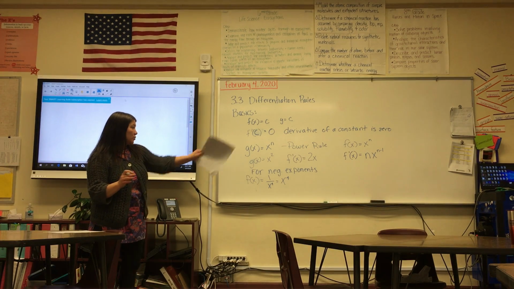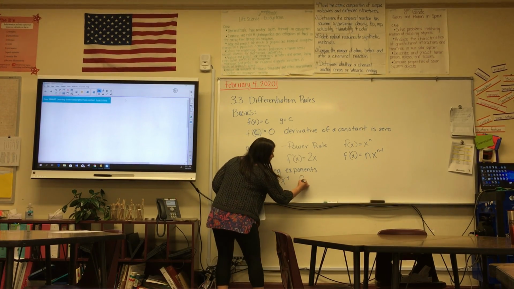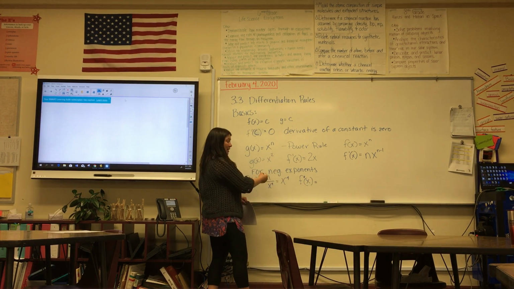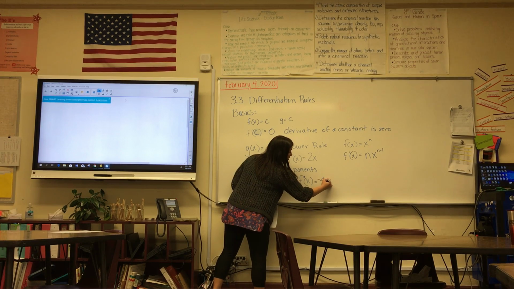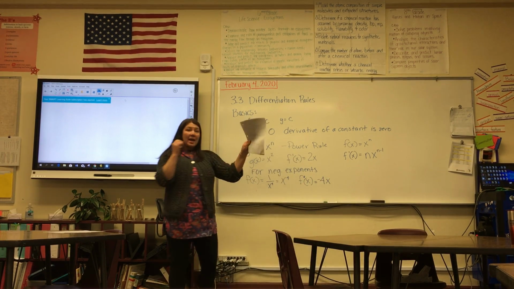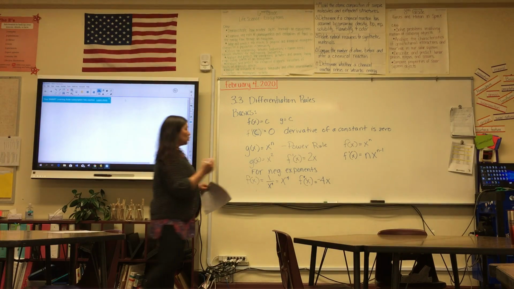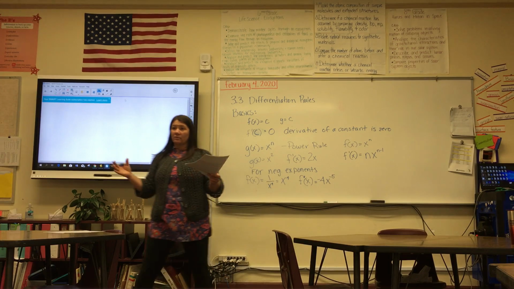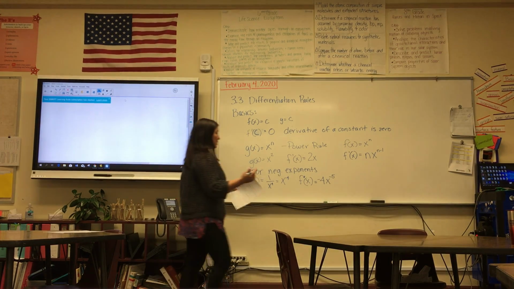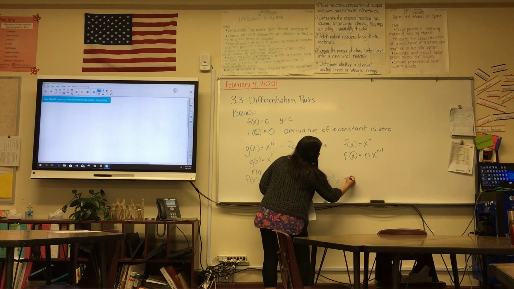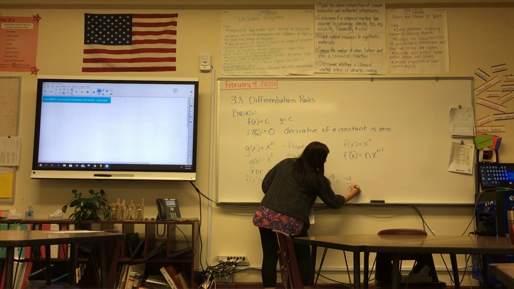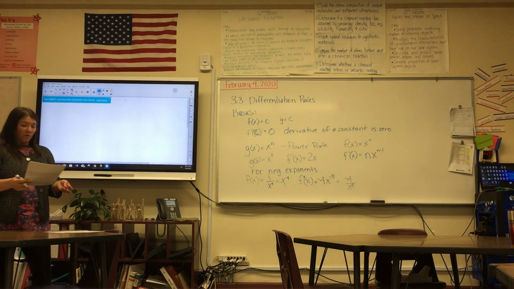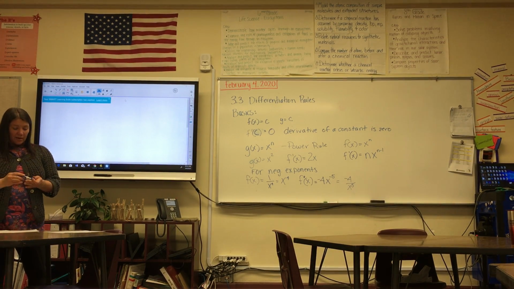Following our rule, f prime of x would be negative 4 times x to the negative 4 minus 1, which is x to the negative 5th power. If we wanted to write that back as a fraction, that would be negative 4 over x to the 5th. So the power rule works for negative exponents.